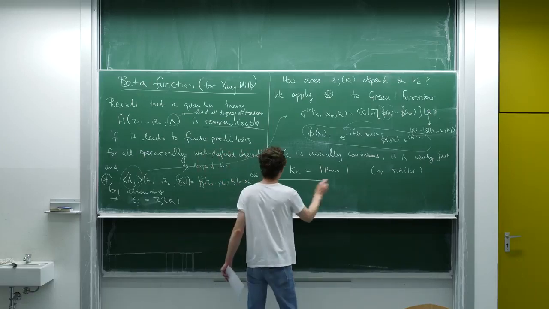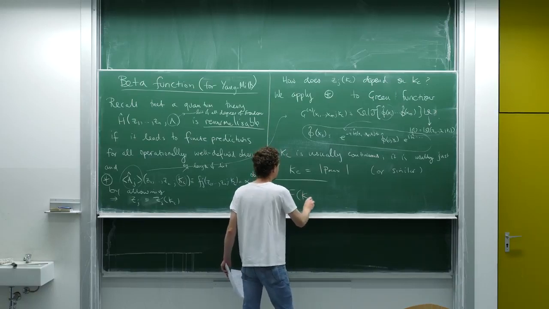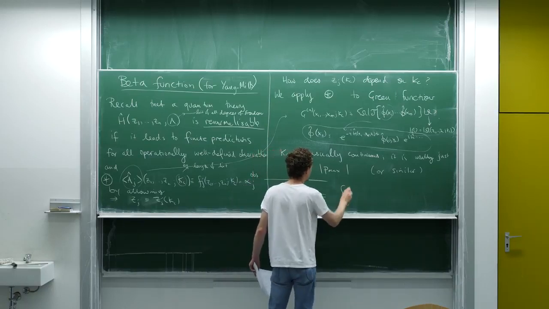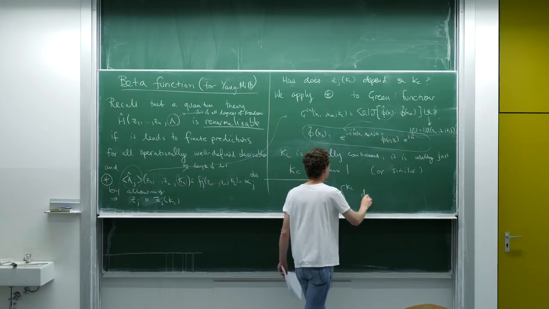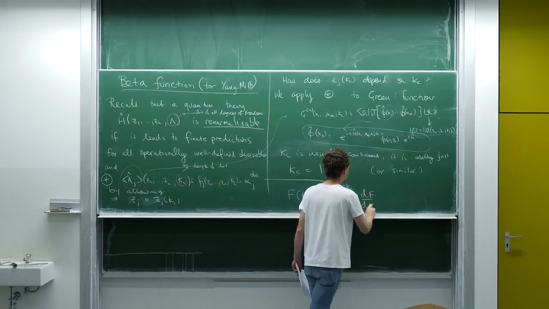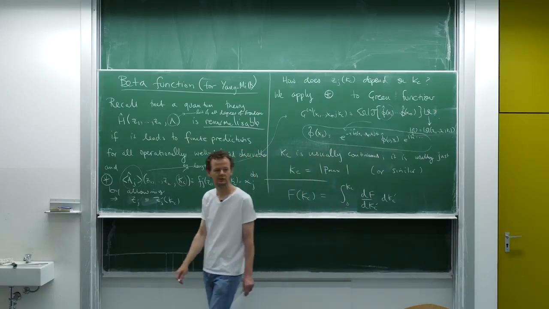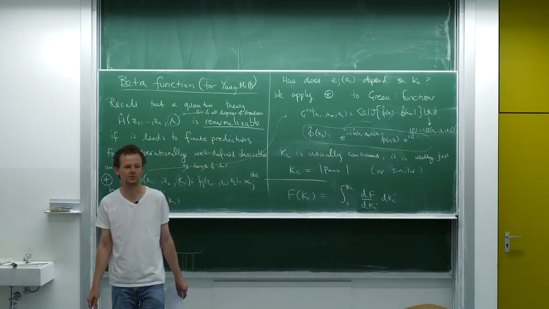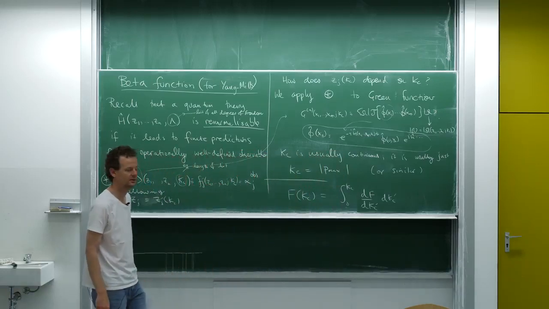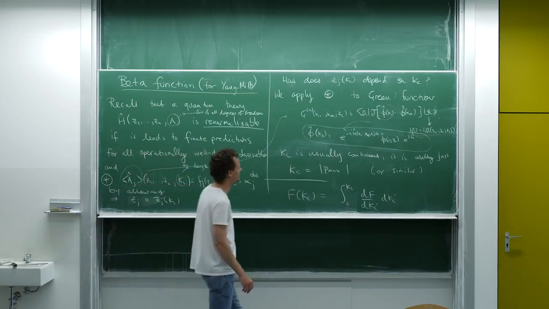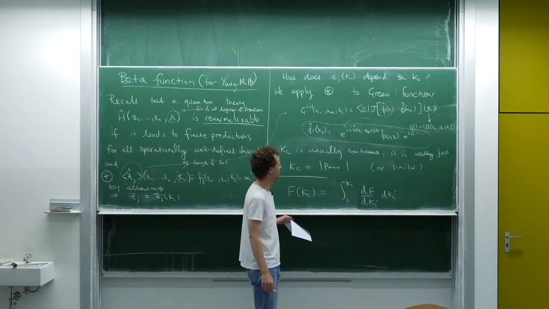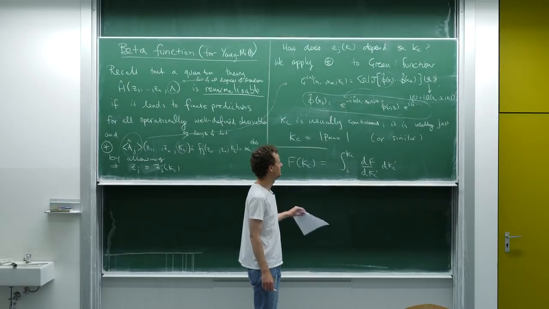So if you have some function of a continuous parameter, it's almost always a good idea to use the fundamental theorem of calculus and express your function in terms of the derivative of f with respect to that parameter. It's almost always a good idea.